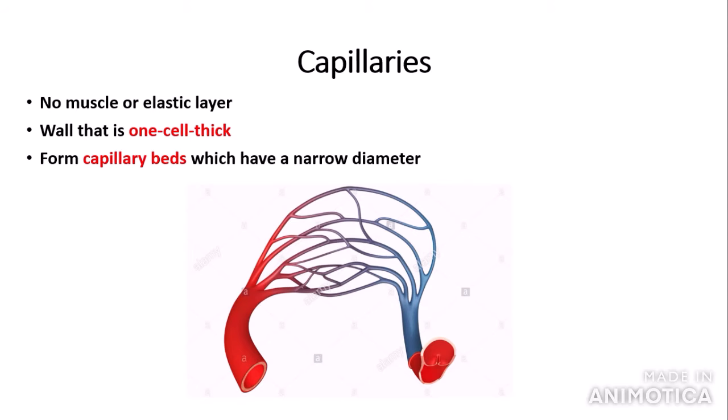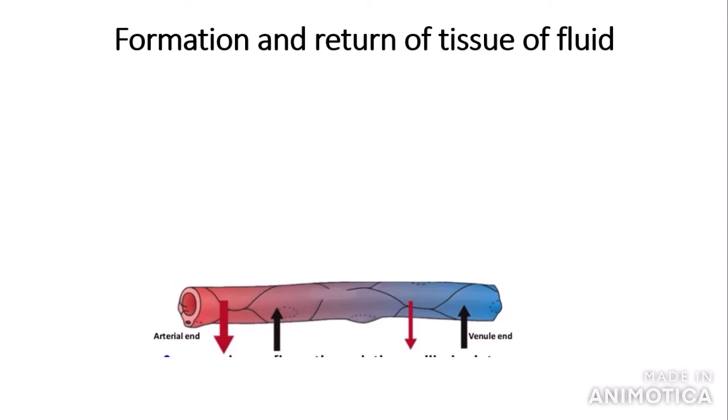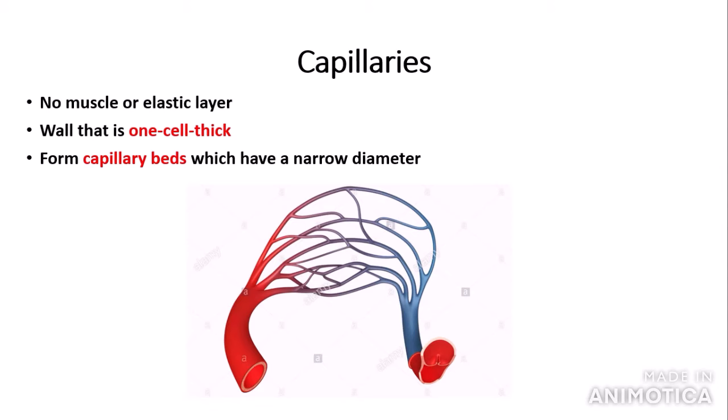And the clever thing about capillaries is that their small diameter and small size means that they can form these extensive networks, which is shown in the diagram here, called capillary beds, which have a narrow diameter. This means that the red blood cells travelling through the capillaries are often squashed against the wall.